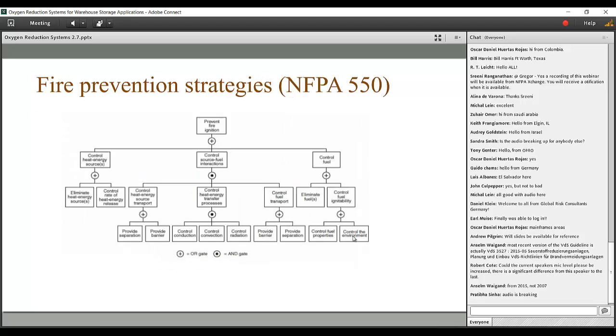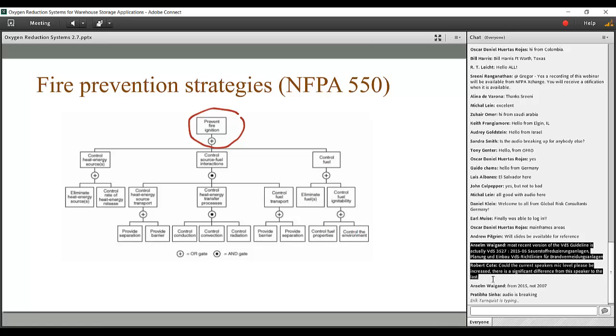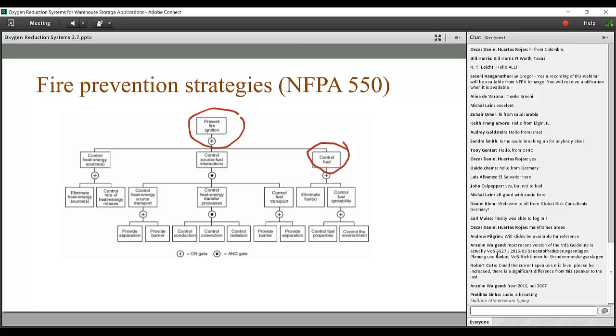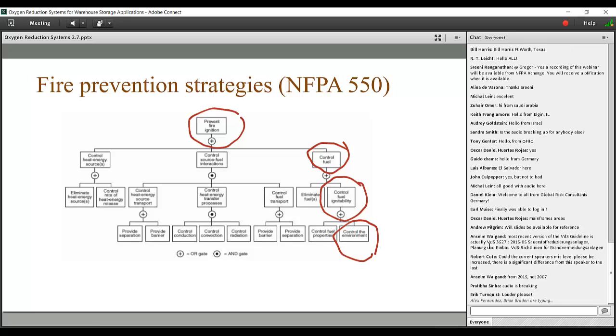If you look at the preventing fire ignition branches and follow down to the control of the fuel and control of the fuel ignitability, you'll see an area that is controlling the environment.